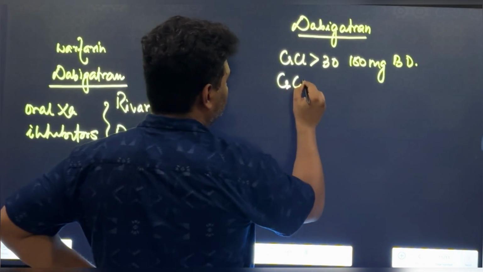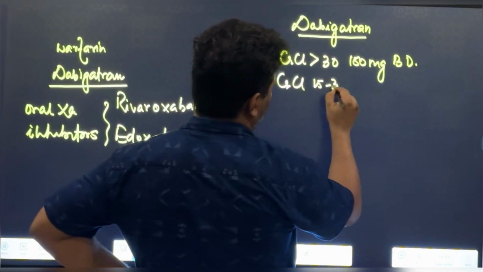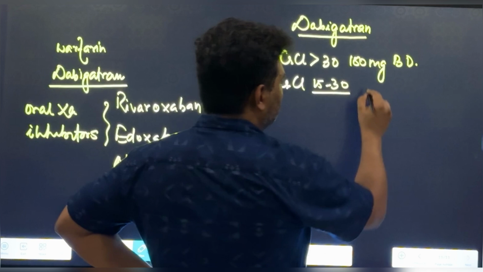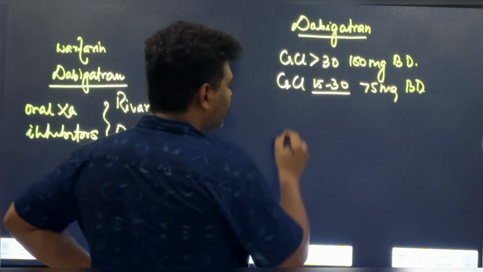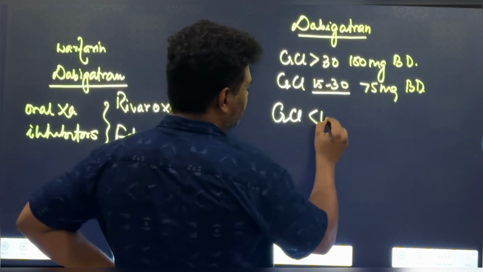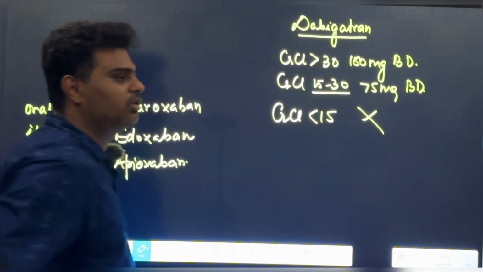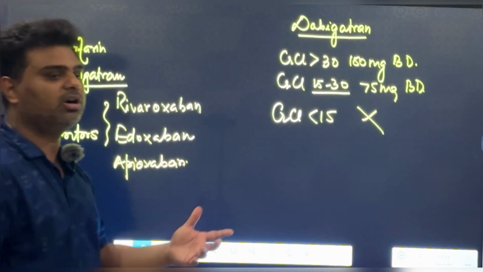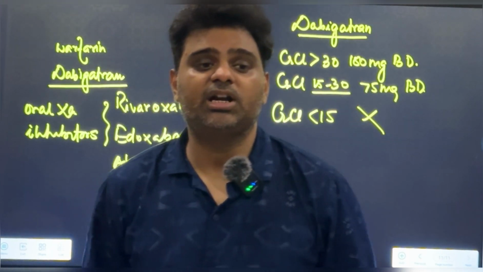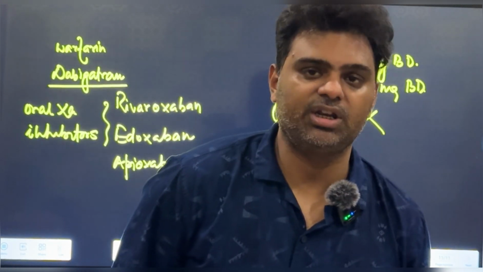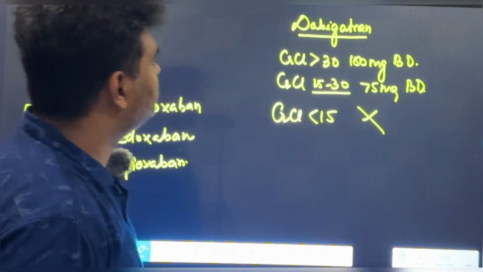If creatinine clearance is between 15 to 30, the dose is 75 mg BD, just half. And if creatinine clearance is less than 15, dabigatran should not be given. So dabigatran is not given in end-stage renal disease, that is grade 5 of chronic renal failure. So what are the uses of dabigatran?